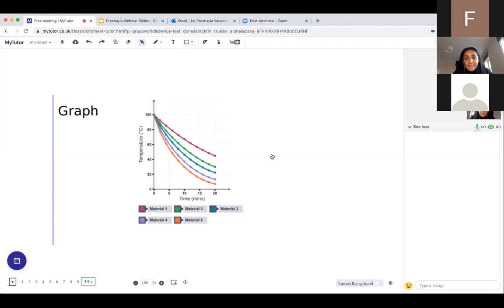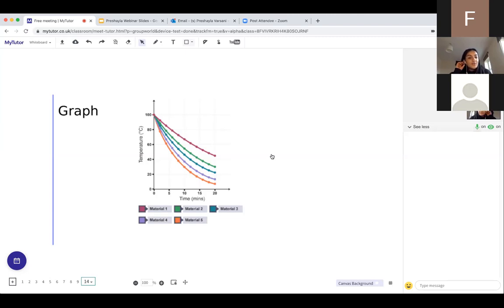You may be asked to interpret one of these graphs, so temperature against time for different materials, but it is unlikely that they will ask you to plot the graph just because it does take up so much time. Obviously still could be a possibility, but rare.